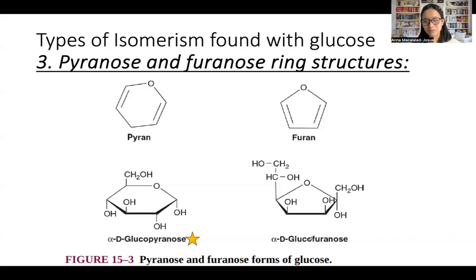This is also glucose, but in the form of D-glucofuranose. You see that the number of carbon atoms is still 6: 1, 2, 3, 4, 5, 6. But the structures of the rings are different.